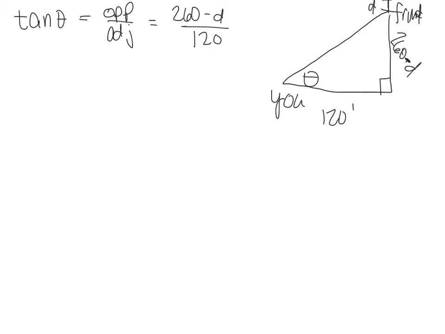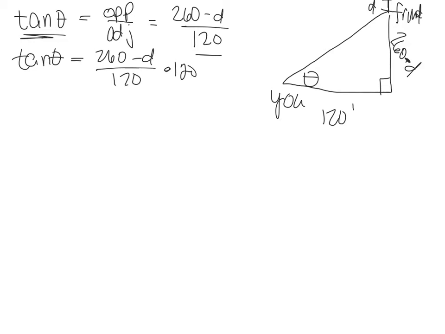So, I'm just going to use this side and that side. I know tan theta is 260 minus d over 120. I'm going to multiply both sides by 120. And I get 120 tan theta is 260 minus d.